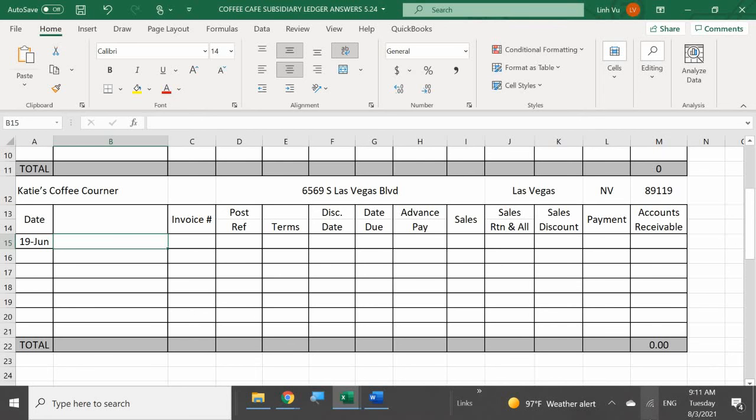So how do I fill out my subsidiary ledger for her? For Katie's Coffee Corner. What kind of extra information would be very useful for this transaction?